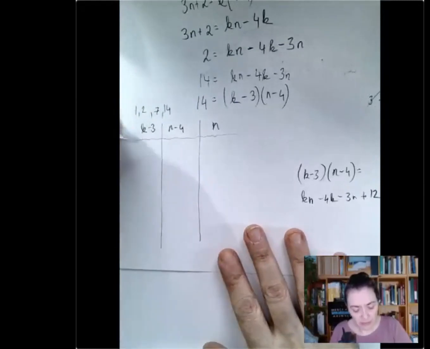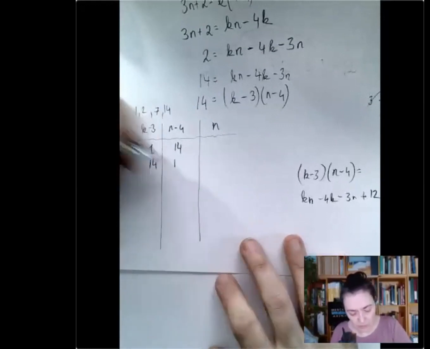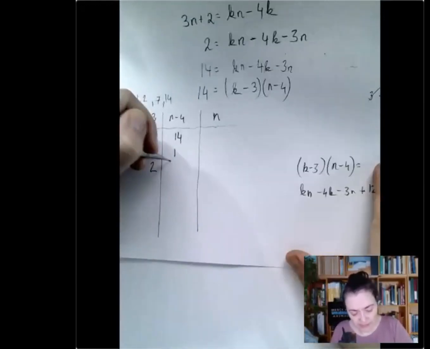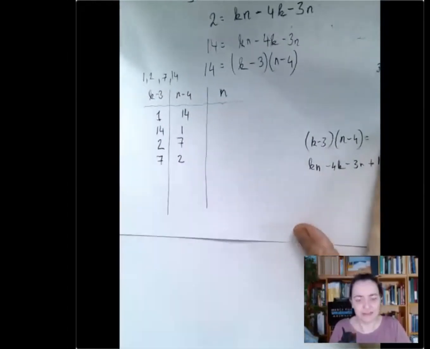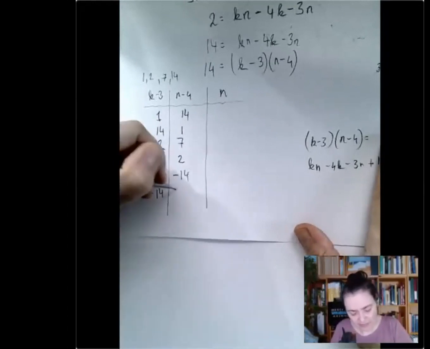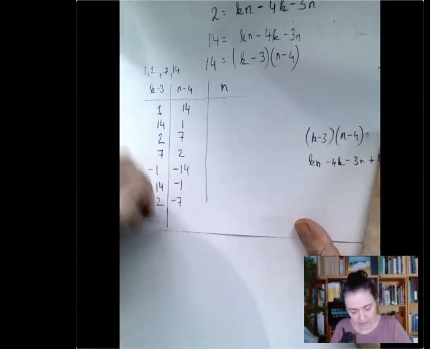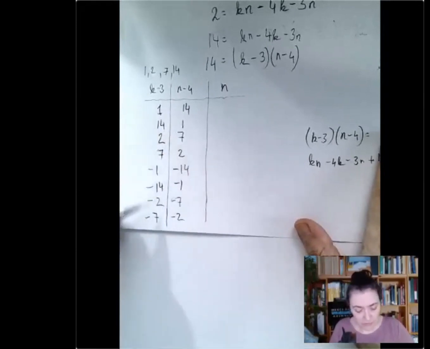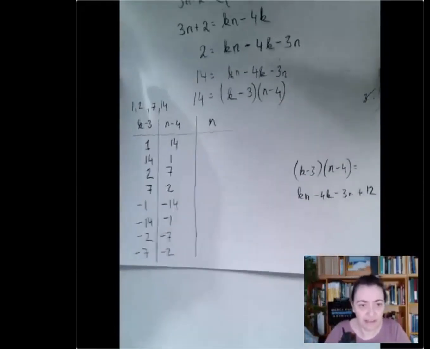So we can do 1 times 14 or 14 times 1. 2 times 7 and 7 times 2, and also negative 1 times negative 14, negative 14 times negative 1, negative 2 times negative 7, and negative 7 times negative 2. But that's it. So we have 8 possibilities, and I think all 8 will give you a different n.